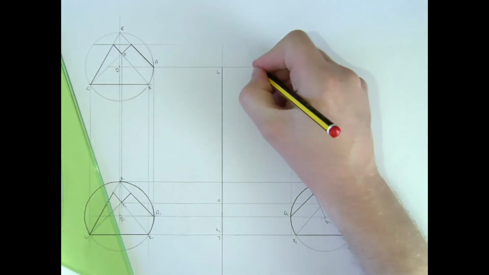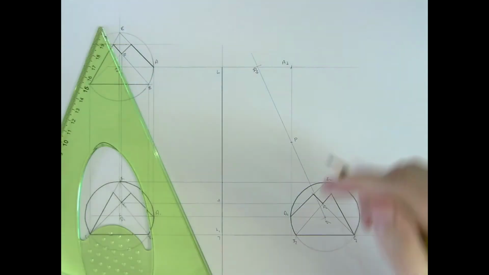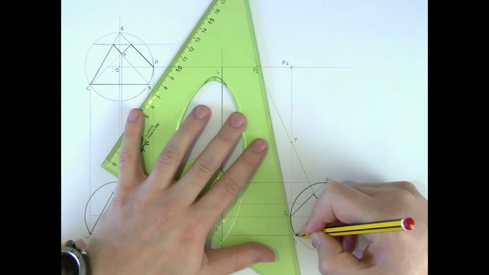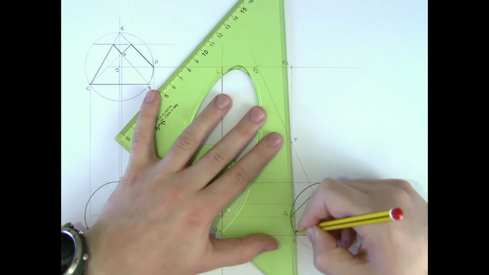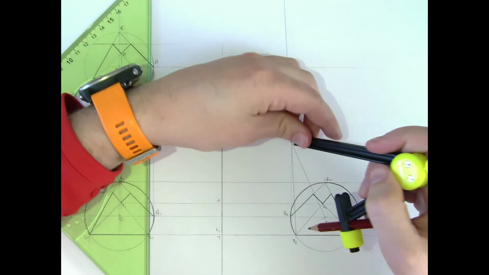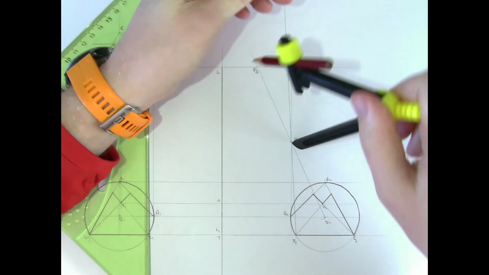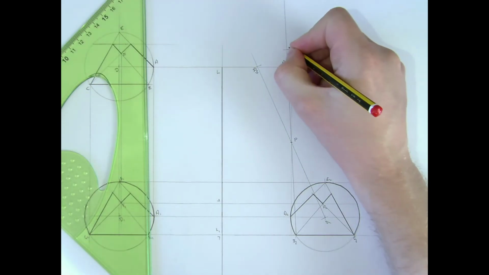So this here is D3. A we already have that one. So B2 through P, out the other side. Measure the distance from P to the point. Copy that distance out the opposite side. So this is B3.